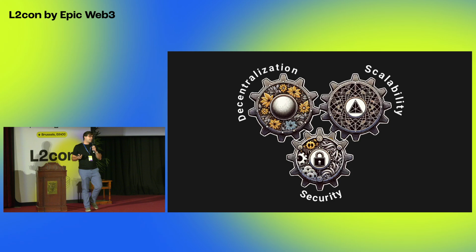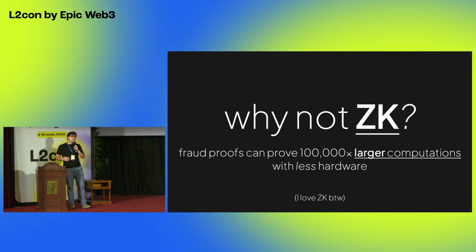So we have two main techniques to do that with rollups. First is ZK, the other is fraud proofs. And I just wanted to give a reason, because there is a common opinion that ZK is the end game, you know, like once we have good ZK provers and everything, there's no room for fraud proofs anymore.